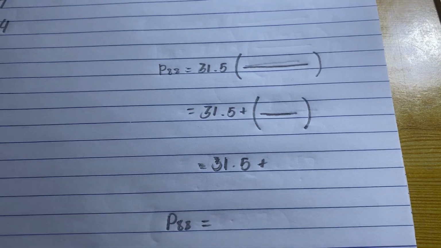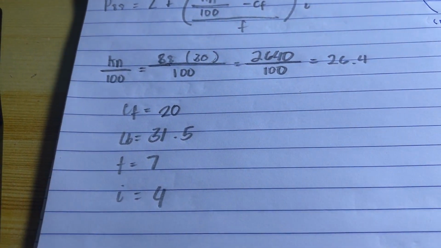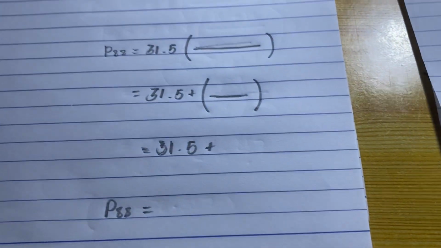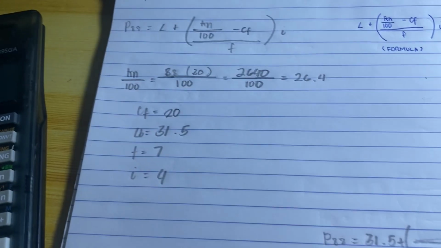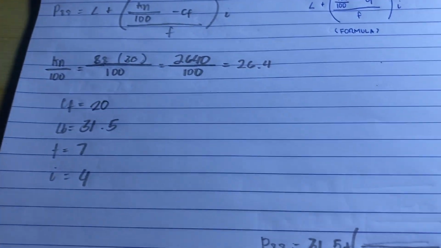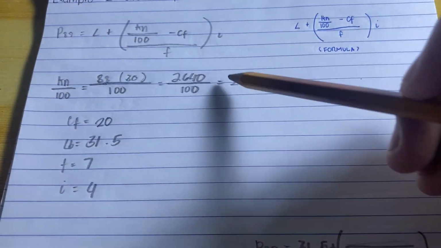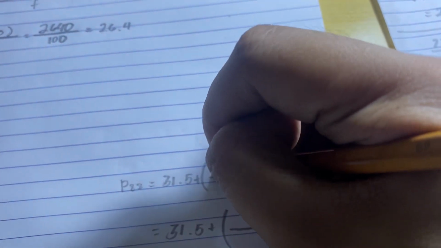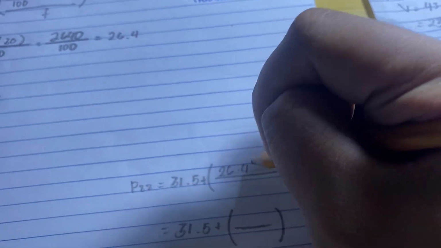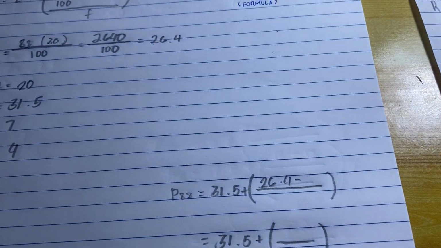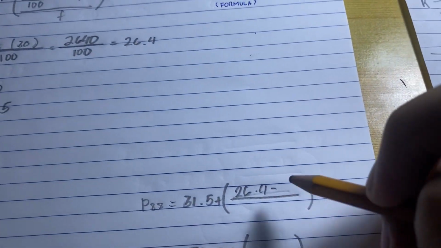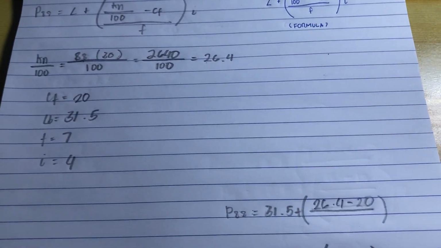Substitute na natin yung mga nakuha natin sa pinaka-formula, which is 31.5 plus the nakuha natin dito sa K, which is 26.4 minus 20 sa cumulative frequency natin.